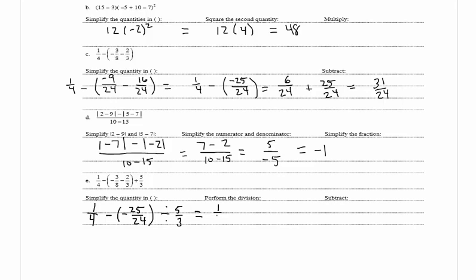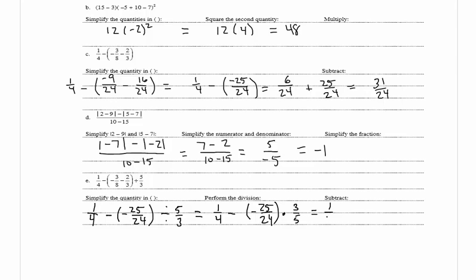So we have 1/4 minus, now we have negative 25 over 24. And instead of division, we're going to turn it into a multiplication. And we're going to take the reciprocal of 5/3, which is 3/5. And now we're going to multiply negative 25 over 24 times 3/5.